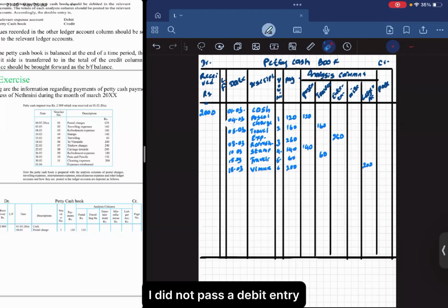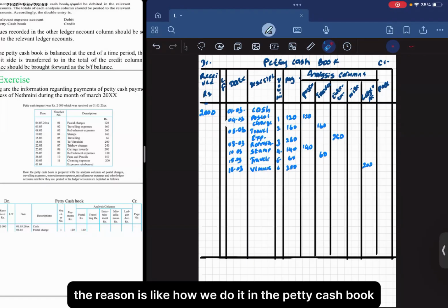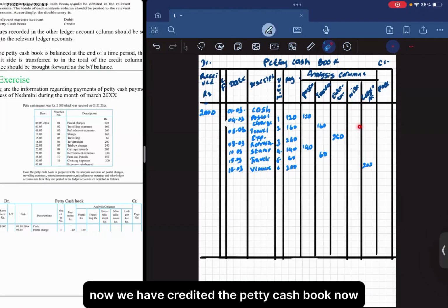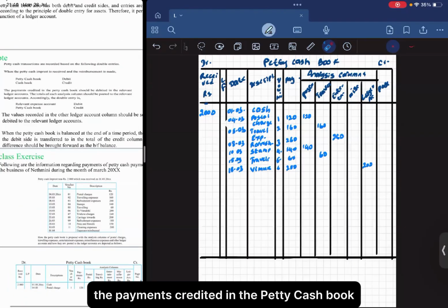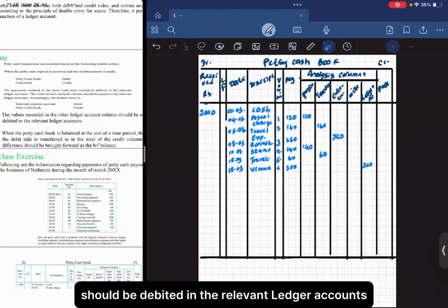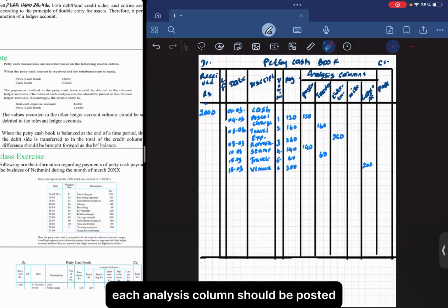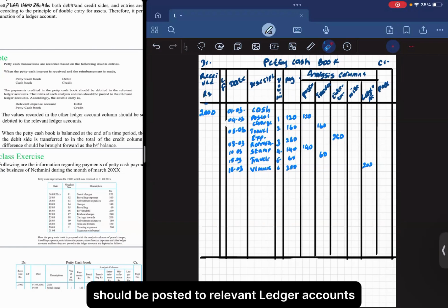I did not pass a debit entry. The reason is how we do it in the petty cash book. We have credited the petty cash book. Now see, we learned this point: the payments credited in the petty cash book should be debited in the relevant ledger accounts. The total of each analysis column should be posted to relevant ledger accounts.